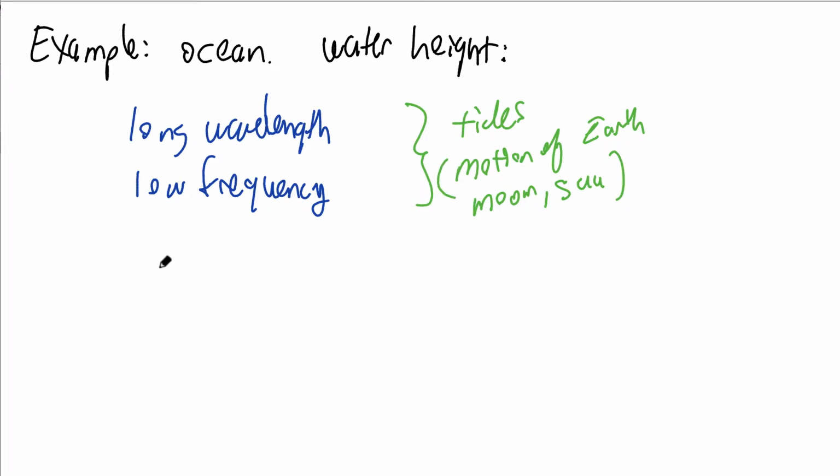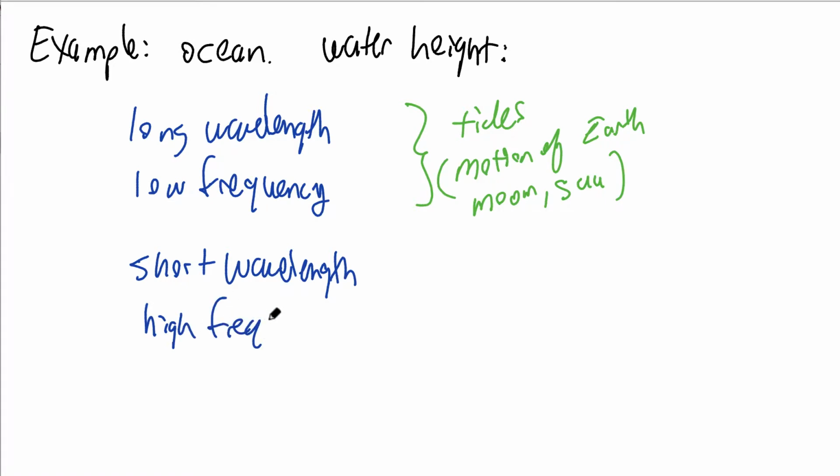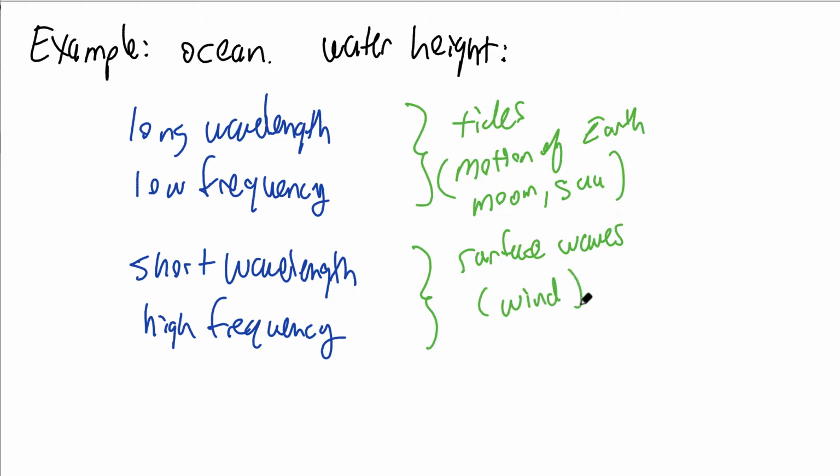The height of the water also has a short wavelength, high frequency part. These are the surface waves, due mostly to the wind. And notice these scales are widely separated.